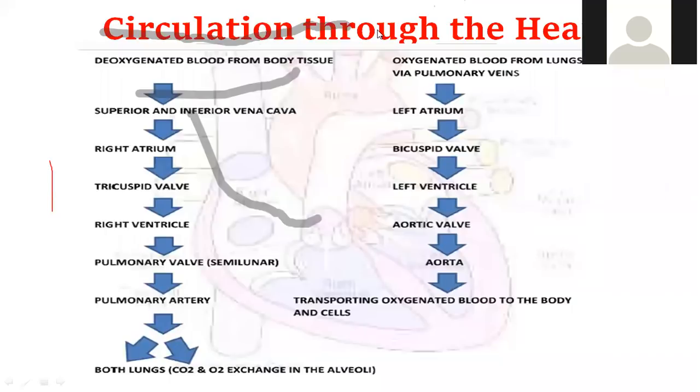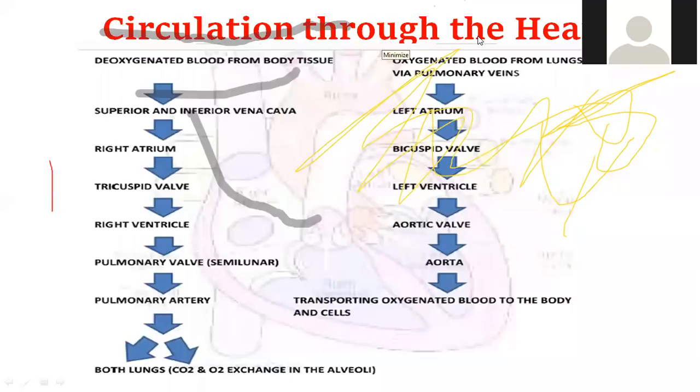Well, let me just say, in the lungs, the carbon dioxide from the blood is exchanged for oxygen. So blood rich in oxygen and nutrients is now carried by the pulmonary veins to the left atrium.